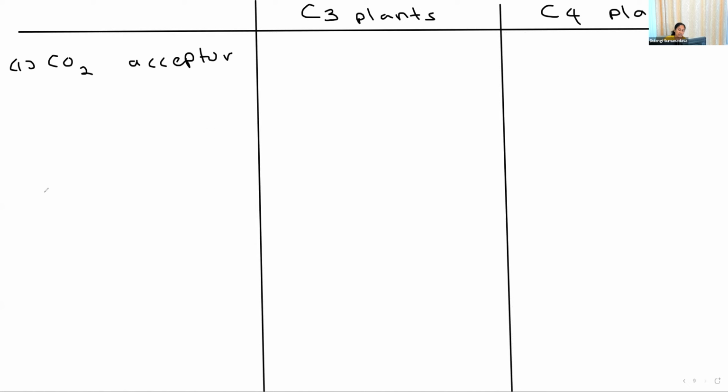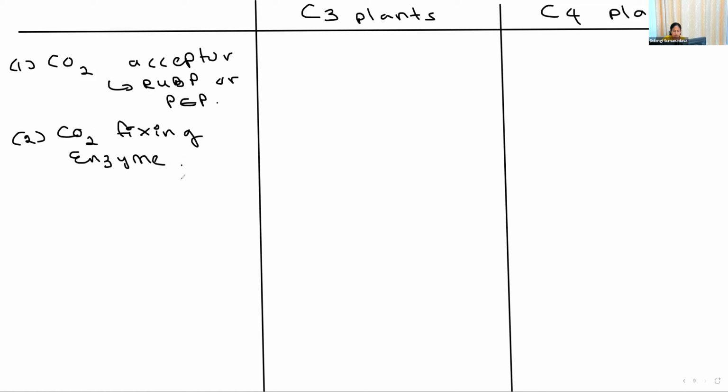This carbon dioxide acceptor, is it RuBP or PEP? I'll give you the option, write down the correct one. Carbon dioxide fixing enzyme, just make it the initial one because there are two for the C4. So what is the initial carbon dioxide fixing enzyme?